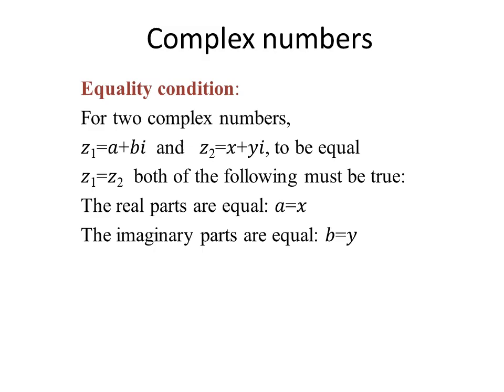Here we show the equality condition. If z1 is equal to a + bi and z2 is equal to x + yi, then z1 is equal to z2 provided the real parts are equal, that is a is equal to x, and the imaginary parts are equal, that is b is equal to y.